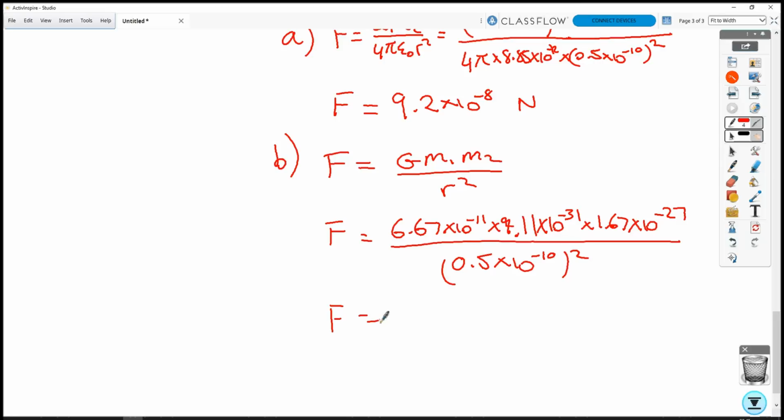So F is equal to 4.1 times 10 to the minus 47 newtons.